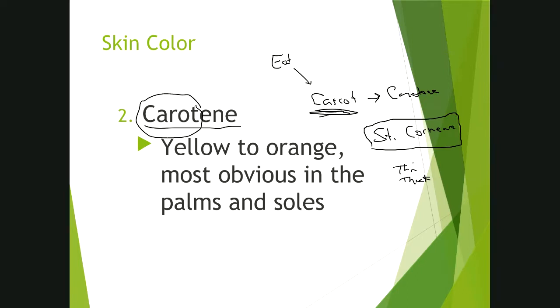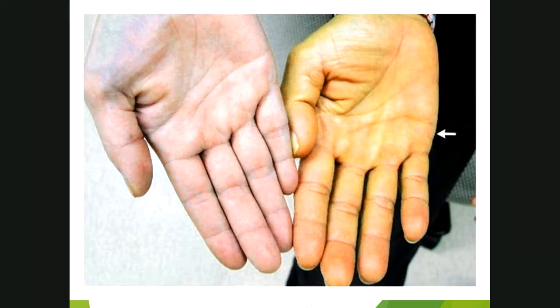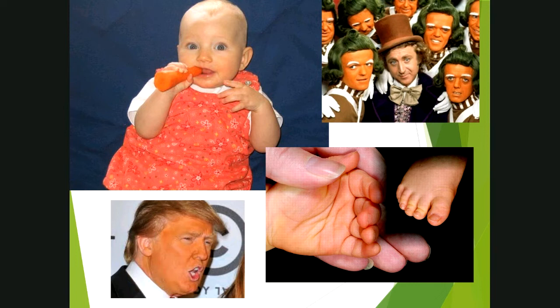And the place where the stratum corneum is the thickest is in the palms of your hands and the soles of your feet. So if you eat a whole lot of carrots, this is what happens to you. The palms of your hands, the soles of your feet, they turn orange. And so one of the things that people feed babies is a lot of carrots.